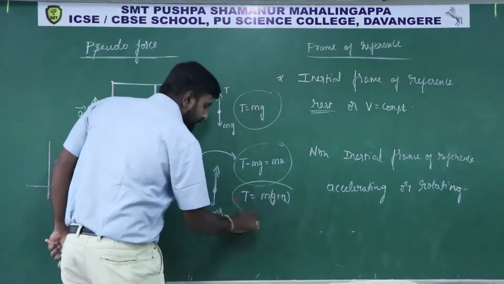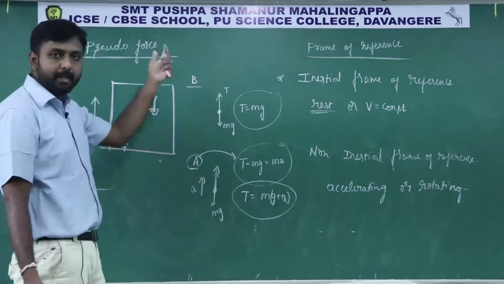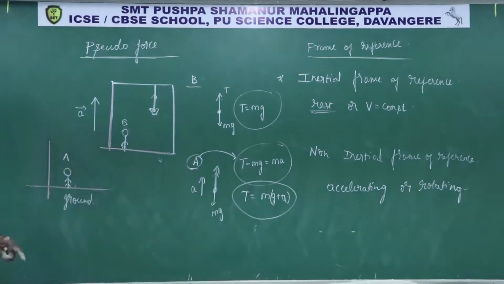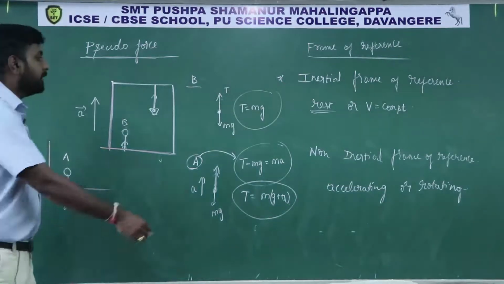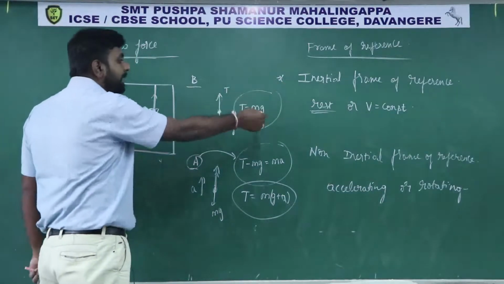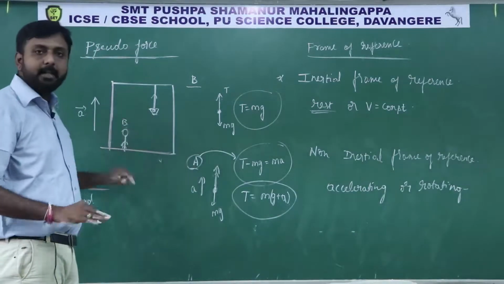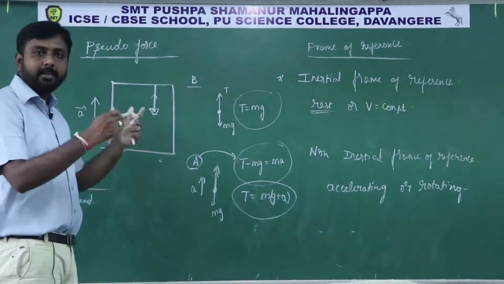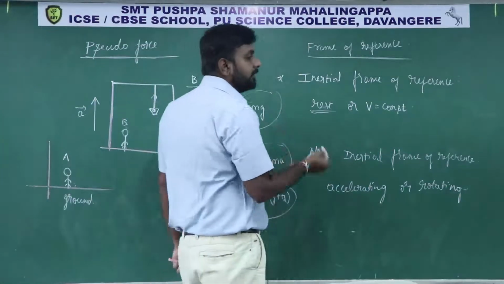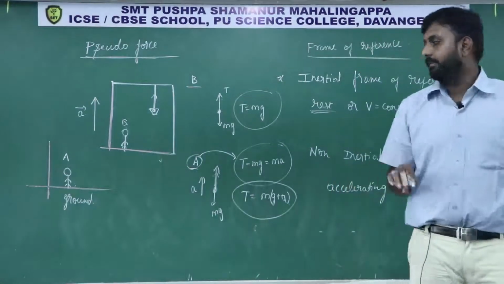The same situation you observed in the lift case, isn't it? When it is accelerating upwards, it is g plus a. But for person B, it appears as m into g. So always remember, in accelerated frames, Newton's second law is not valid.